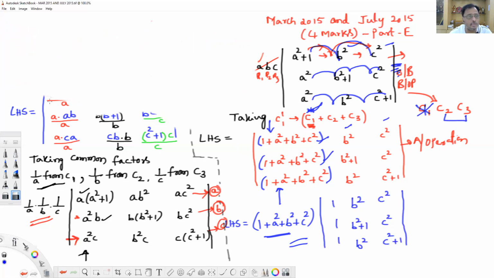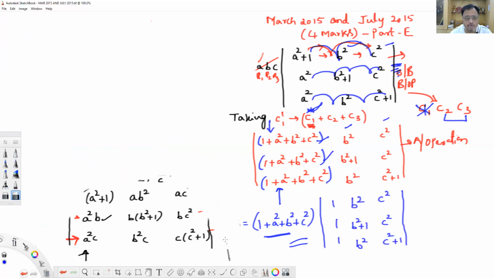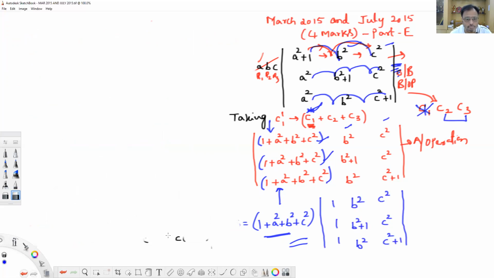If at all you want to write the notes, you can pause the video and write here. So now this is the step, we got it. The last step I want to write here, then I'll complete this problem.